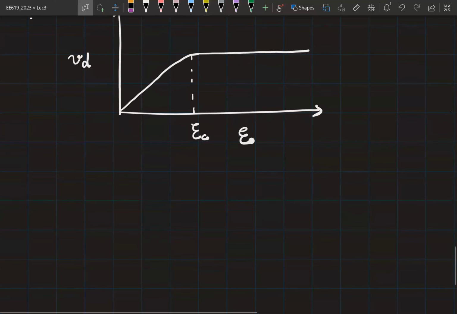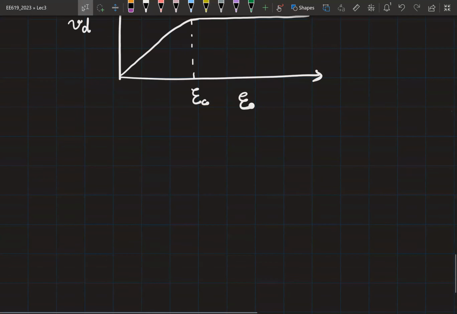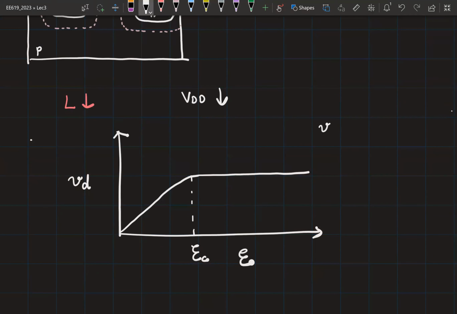So now I can model this VD as equal to mu into electric field when my electric field is smaller than EC. And the drift velocity, we can say that it saturates to a particular number. So VD is equal to VD sat when the electric field is greater than the critical electric field.